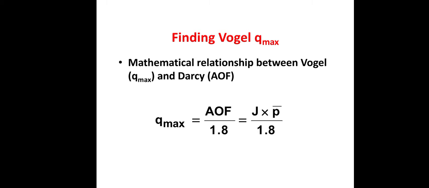The 1.8 is given; it is a constant. What you have to know here is that the Darcy equation is the equation of flow at a single phase, that means the pressure being above the bubble point pressure.